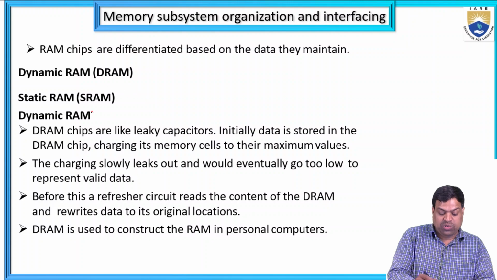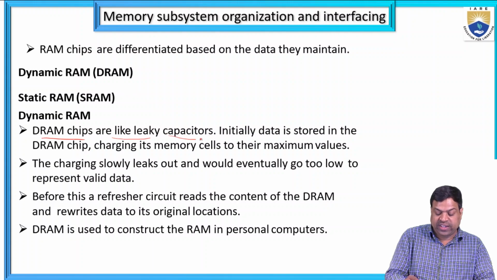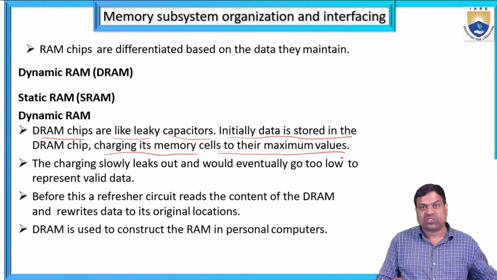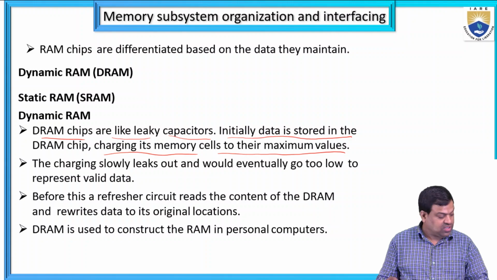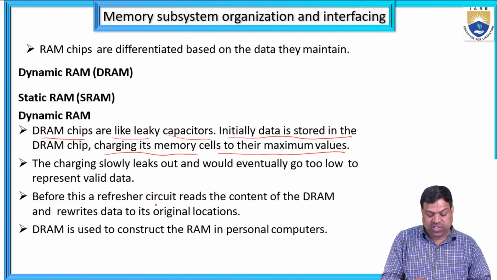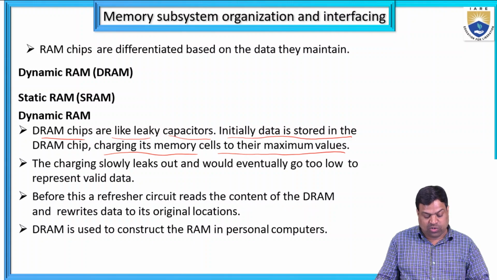So DRAM chips are like leaky capacitors. Initially data is stored by charging the memory cells to their maximum values. The charge slowly leaks out of the memory and would eventually go too low to represent valid data. Before this, a refresh circuit reads the contents of the DRAM and rewrites data to its original locations.